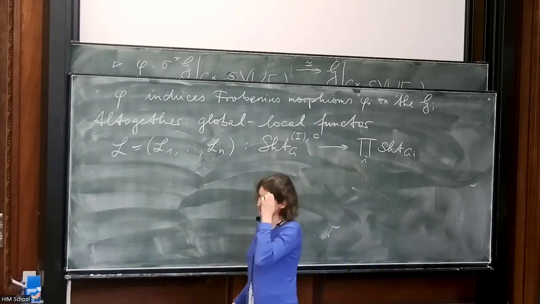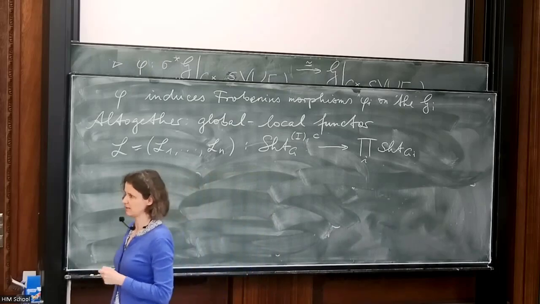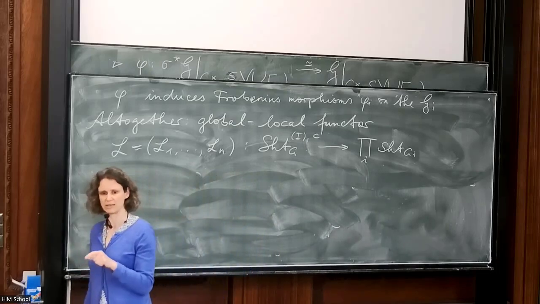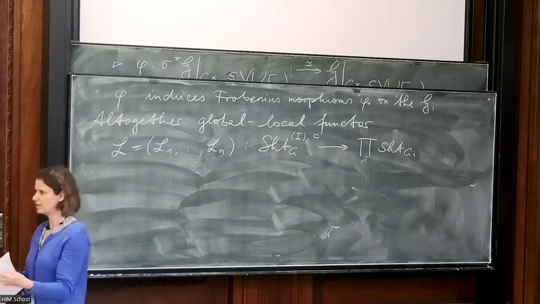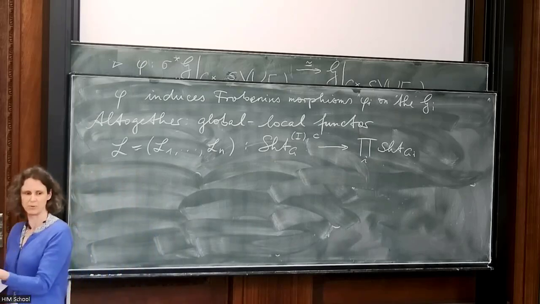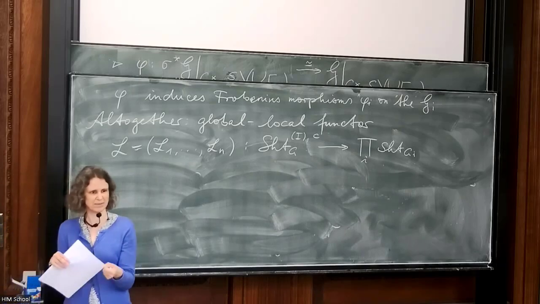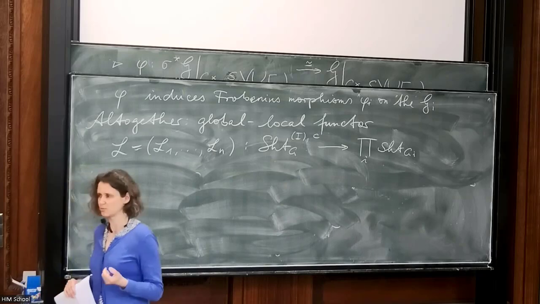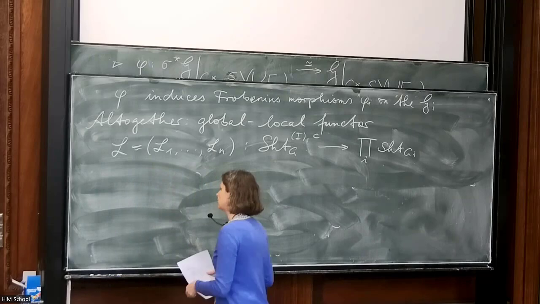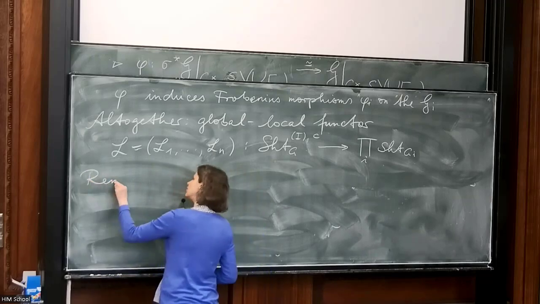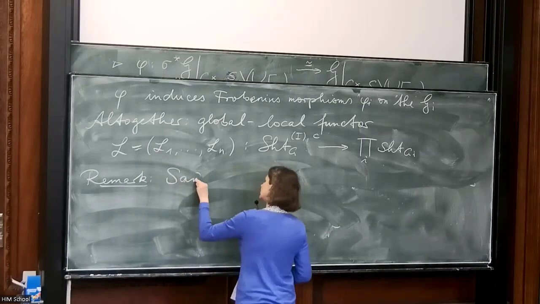I should say this construction doesn't really depend on the fact that we complete at points that are legs. We could do a similar construction starting with a global G-Shtuka. We can complete at any point of the curve. If it's not a leg, then it's less interesting maybe, because nothing happens there. The Frobenius is an isomorphism. We get an étale local Shtuka in that way, but one can do that. Same construction.